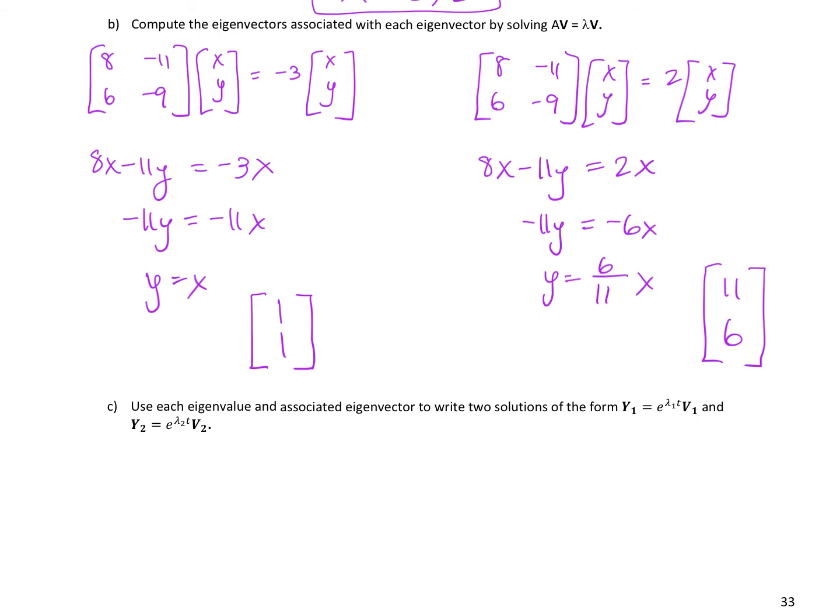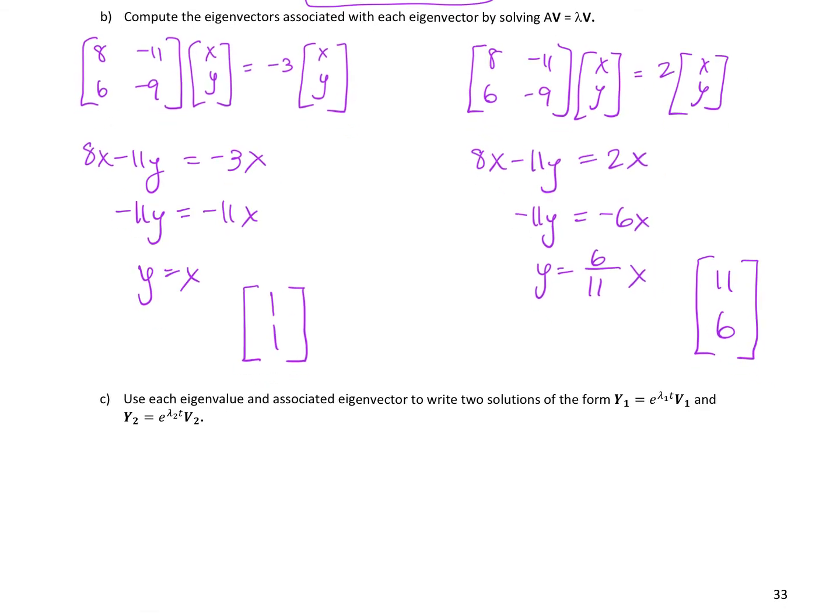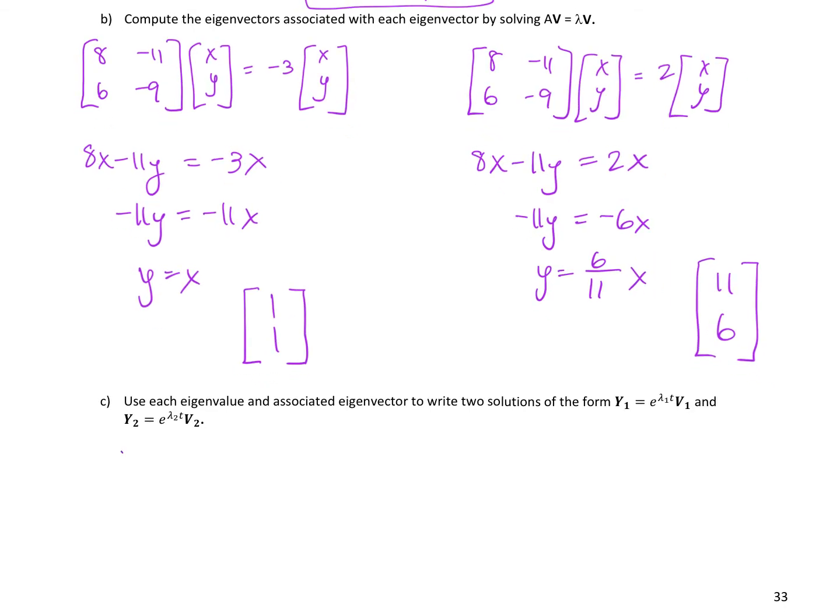Okay, my two solutions are going to be y1 is e to the lambda 1, so e to the negative 3t times the associated eigenvector. And then my other solution, y2, is e to the 2t times 11, 6.